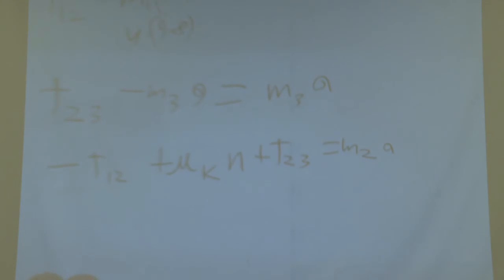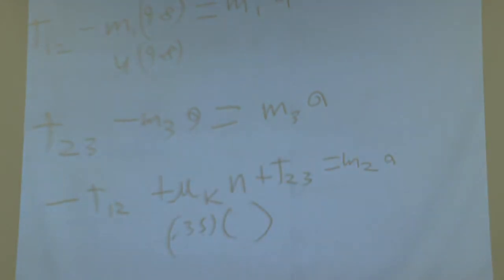All right. Now you were given the coefficient of friction, which is 0.35. Now we calculated the normal force. The normal force is the opposite of mass times gravity, right?